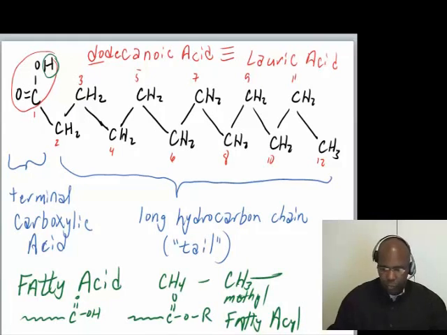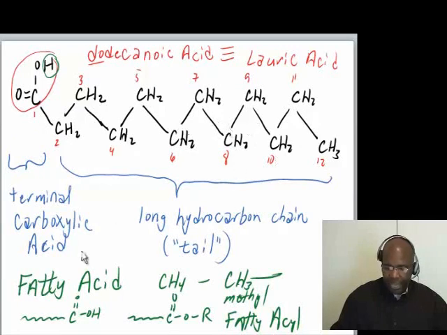And so just a review. Fatty acids have a terminal carboxylic acid group, and they have a long hydrocarbon chain. The entire fatty acid is 12 carbons, so the hydrocarbon chain has 11 carbons.